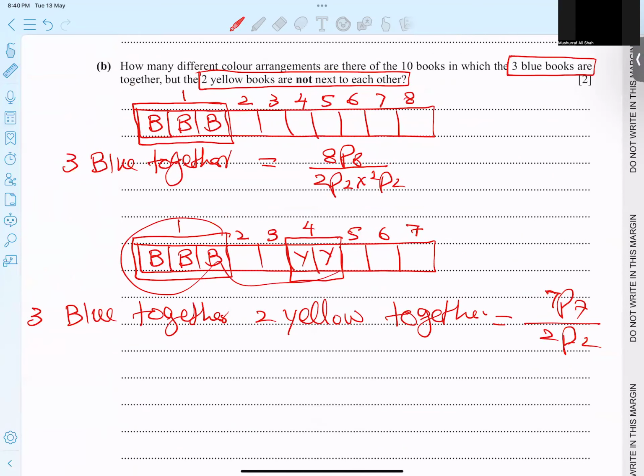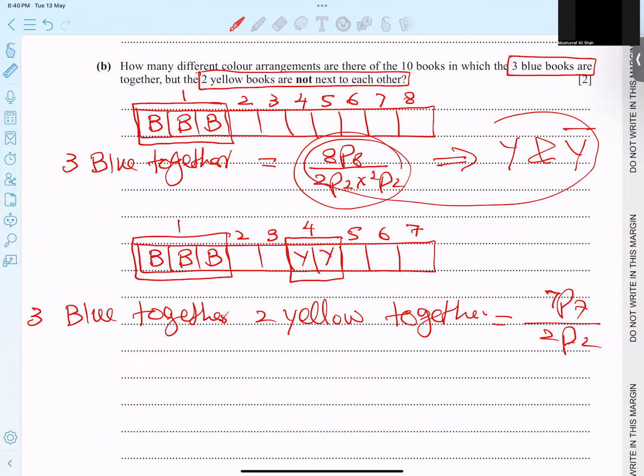But he said no, 3 blue together is acceptable, but 2 yellow together is not acceptable. So the total options mean yellow are together and yellow are not together. This answer consists of two answers: yellow together and not together. If I subtract this answer from it, I will get the case when they are not together.